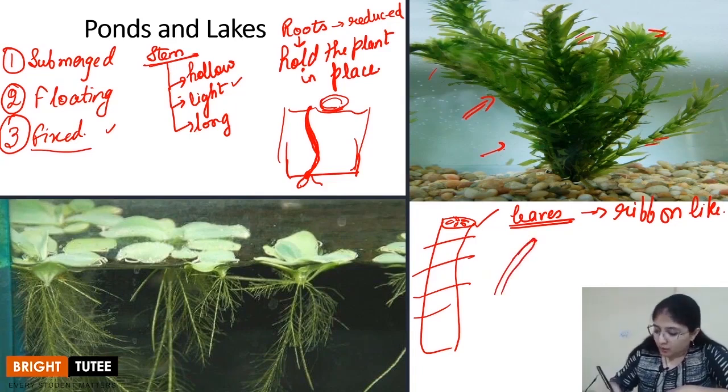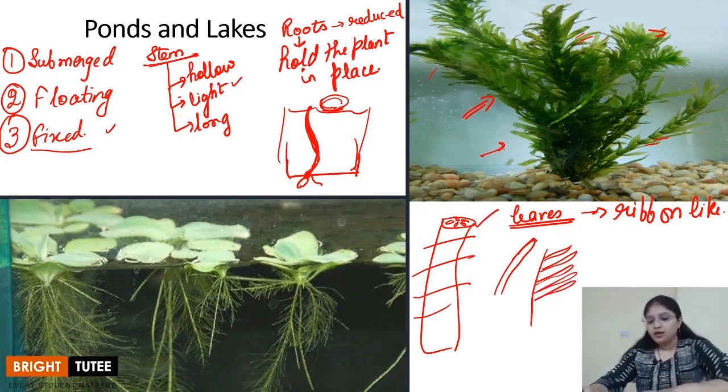It's very flat. Also, on one stem you will find that it is quite divided, right? These are highly divided, and this is the type of leaf which allows the movement of water through it very easily, right? So ribbon-like leaves help the plant to remain submerged properly without harming itself.